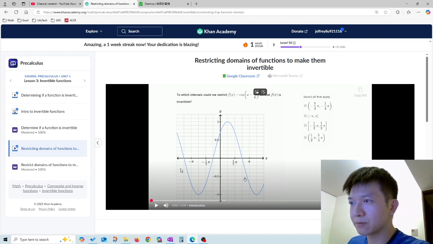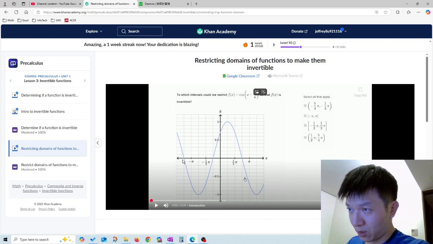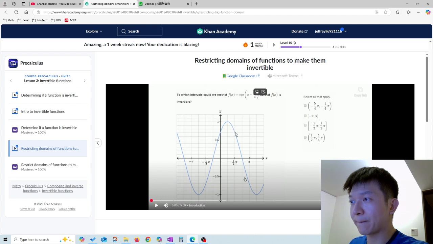Okay, negative pi is right here, and pi, so all the way to here. Still, it does not work, right? It has a huge curve on both ends, so hopefully this works. Okay, here to here. Negative 2 is right here, and 1 over 2 is to here.